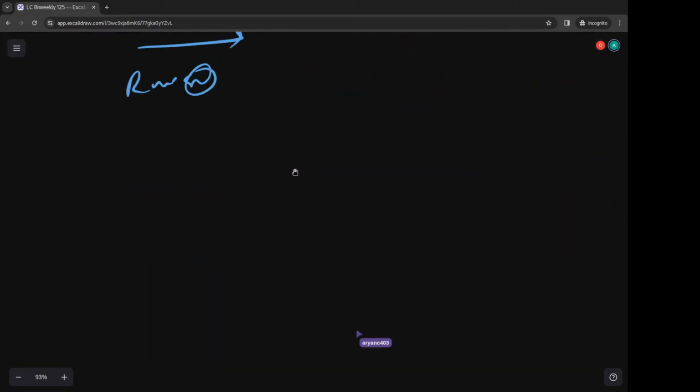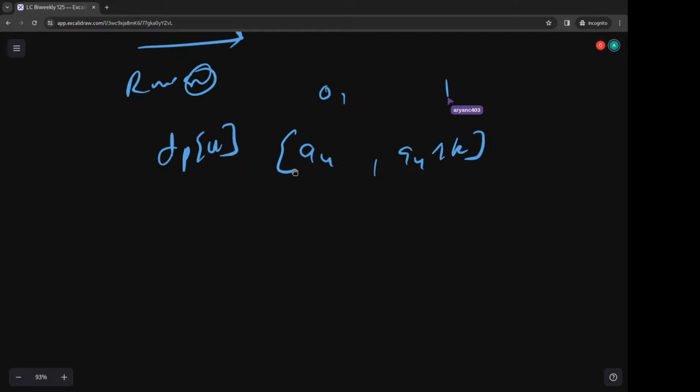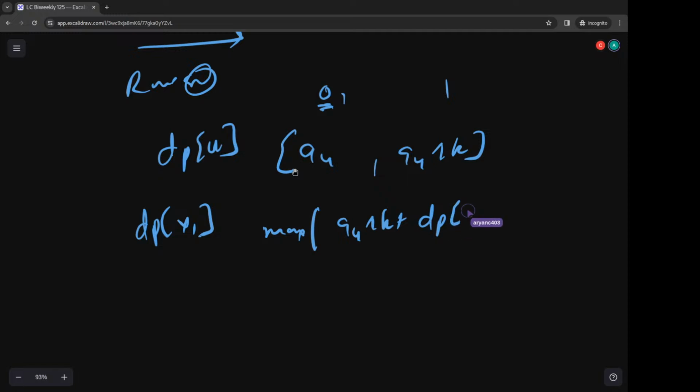First we start with only u as flipped, so our state would be au XOR k. Then we look at the first child of u. For the even case, we take the max of two options: one node was changed from the subtree of x and one node was changed over here, or nothing was changed over here.